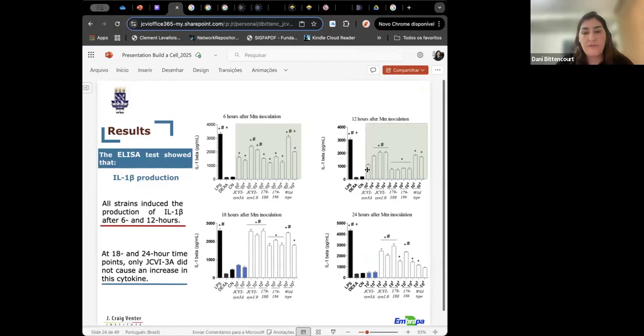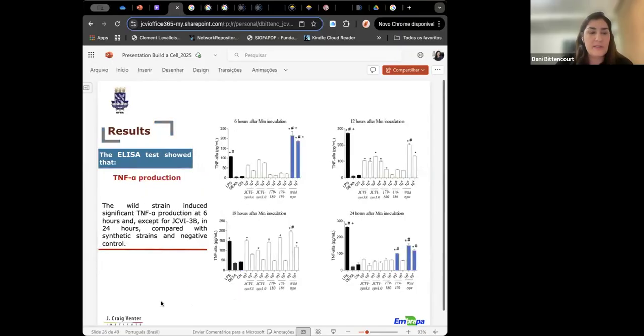But then at 12 hours, it's funny because for the mutants, it went down. And then after 18 and 24 hours, all of them had induction of the interleukin-1 beta, but syn3 didn't. It was pretty low, which is what we were kind of expecting.